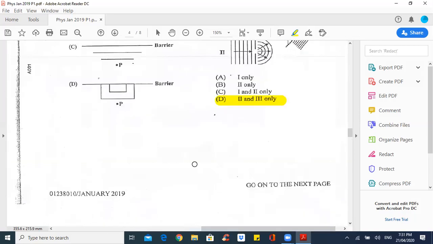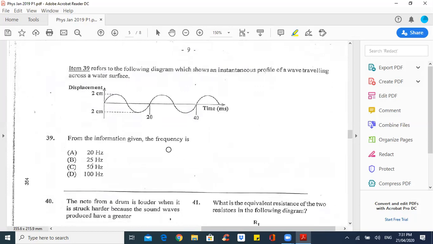Number 39 refers to the following information of frequency. They ask you to calculate the frequency given the information. Frequency is 1 over T, so we have to find out the period.